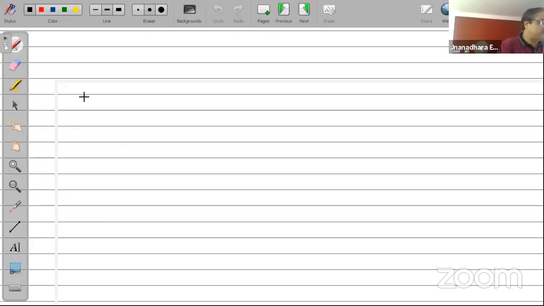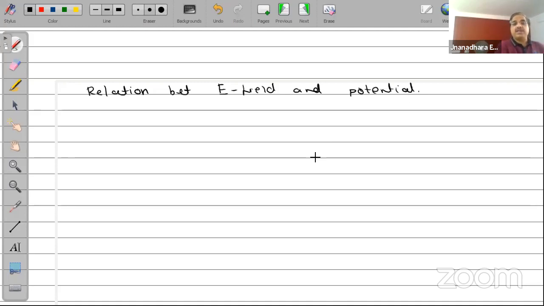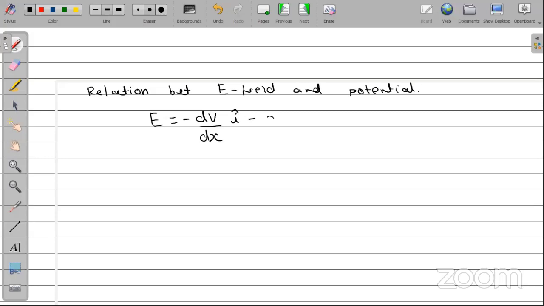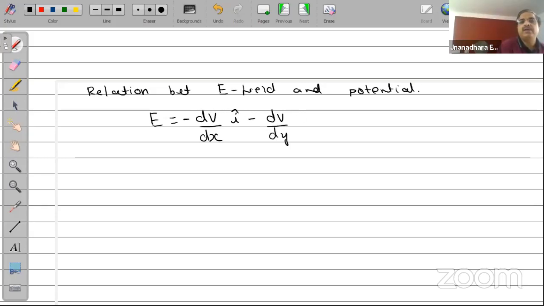Now, let us go to the relation between electric field and potential. We talked about the force and the potential energy earlier. Here we'll talk about the relation between electric field and potential. Electric field is given as minus dV by dx i cap minus dV by dy j cap minus dV by dz k cap.